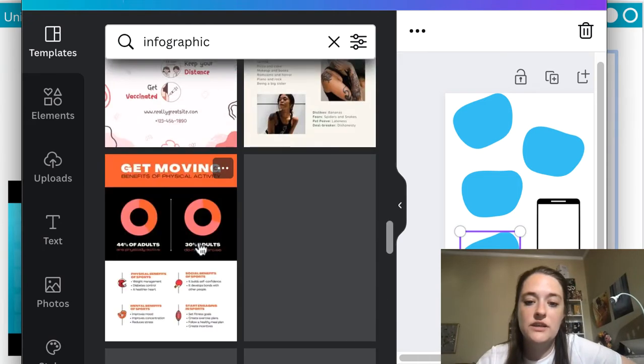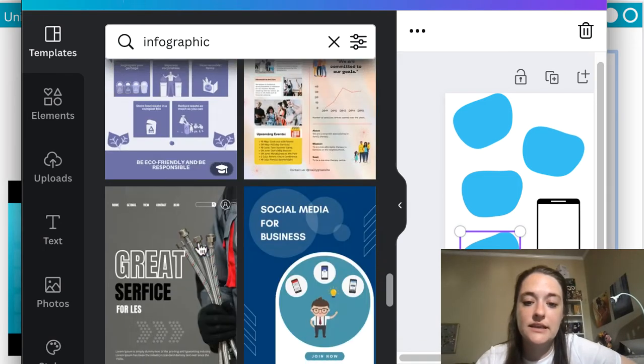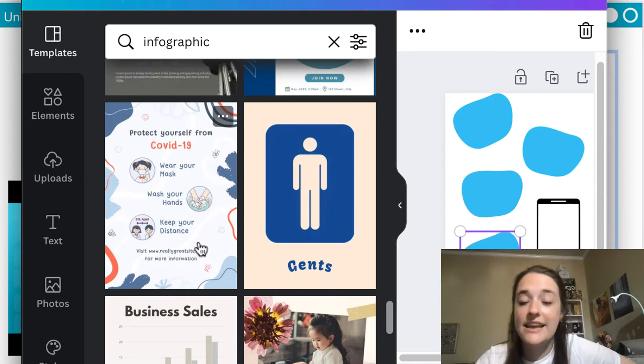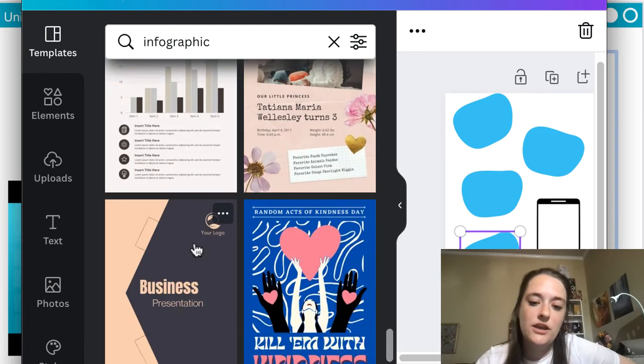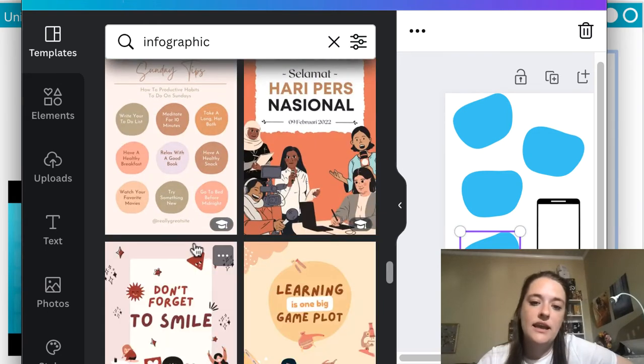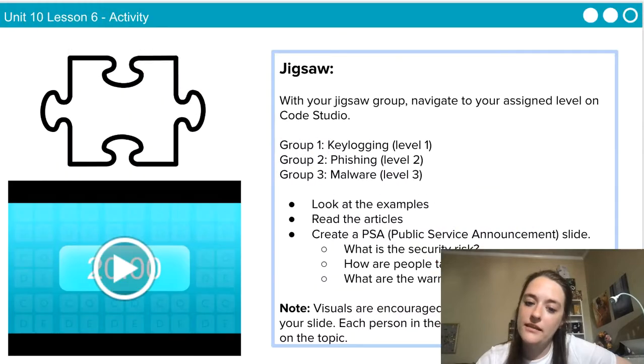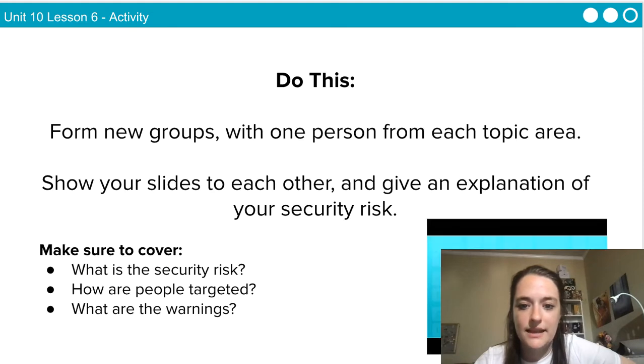Okay. So you can search through all of these templates on canva.com, and you can create a PSA. And please make it look lovely. All right. I don't want to see any ugly PSAs.